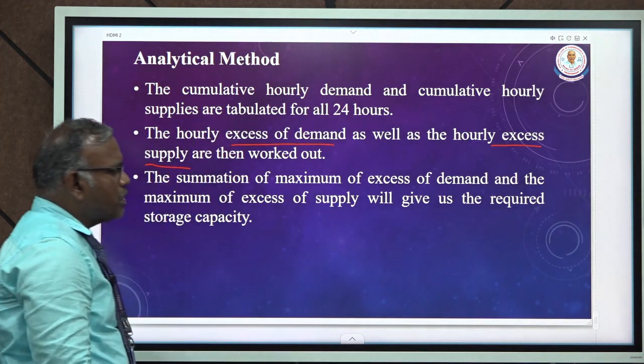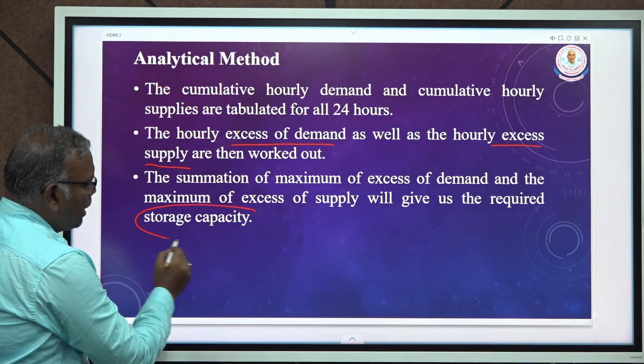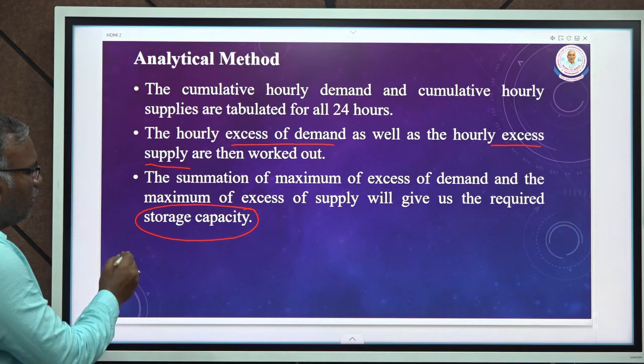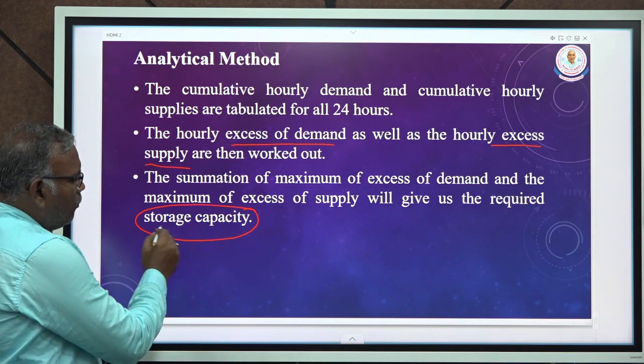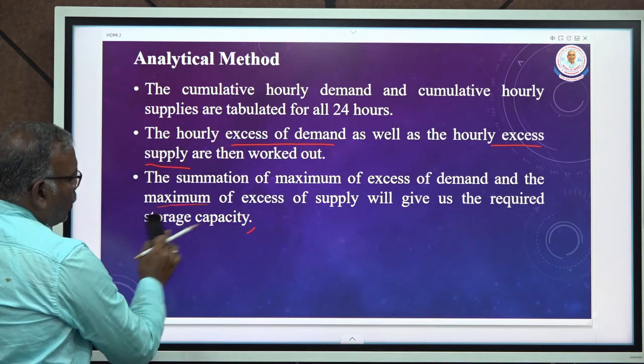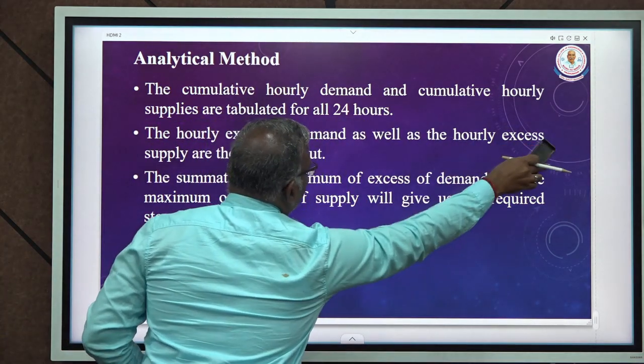The maximum value of excess supply and the maximum value of excess demand will provide the amount of water that needs to be stored, that is, the storage capacity of the reservoir.